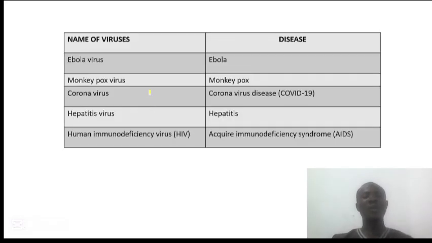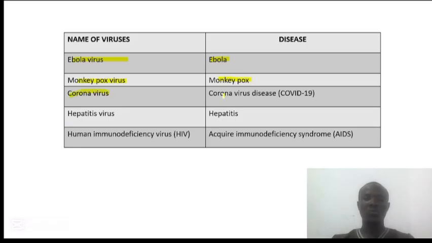So now let's talk about some examples of viruses and the diseases that they cause. Let's talk about the common ones that we know. We have Ebola virus, which causes Ebola. We have monkeypox virus, which causes monkeypox.